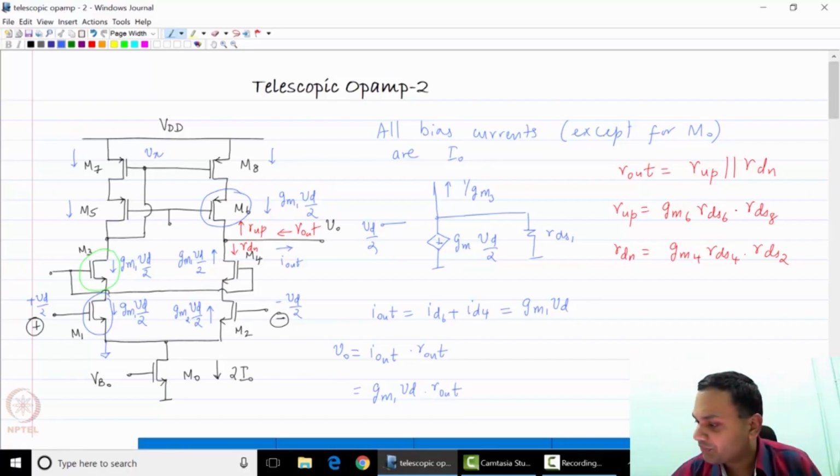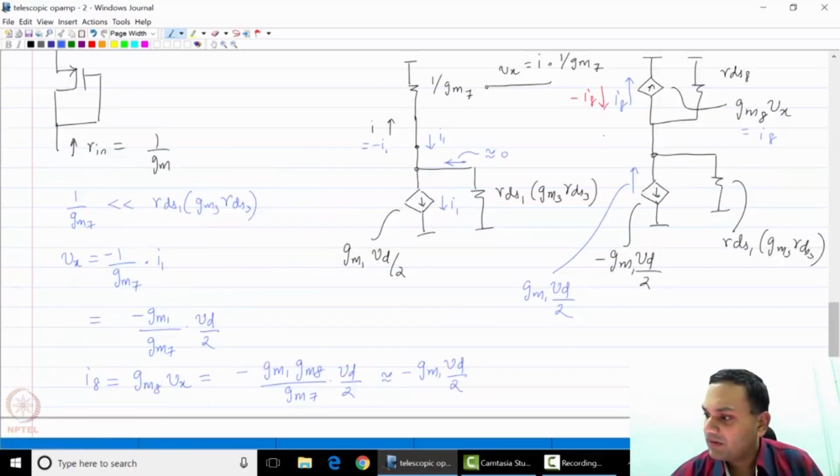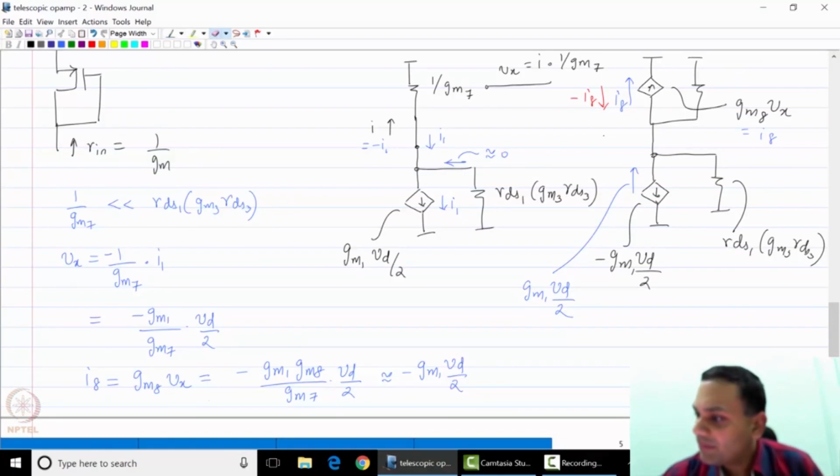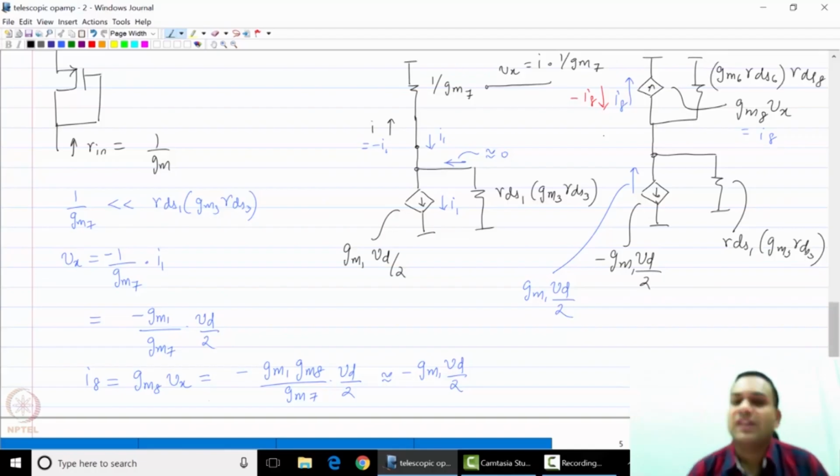This is the resistance because we have drawn the simpler equivalent circuit of the upper cascode transistors.